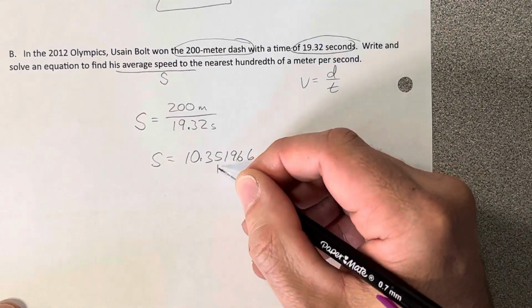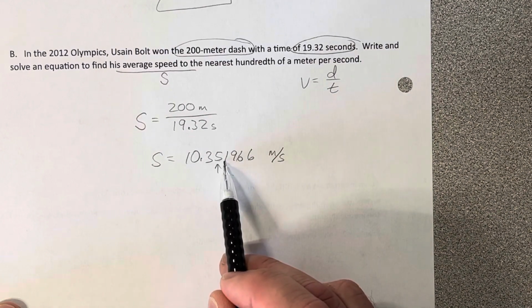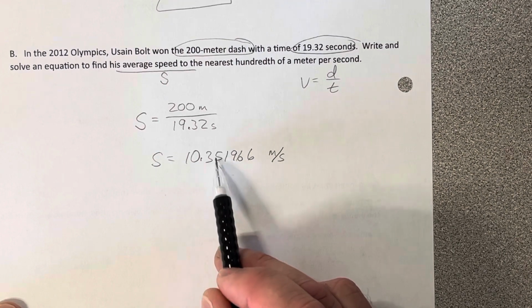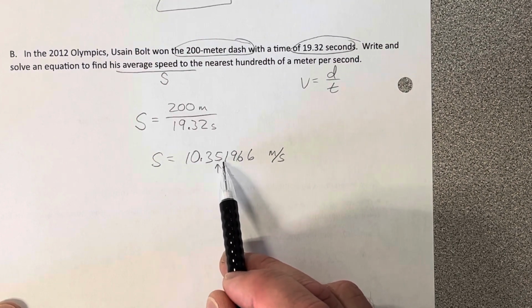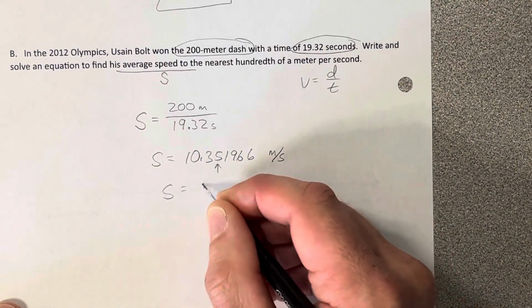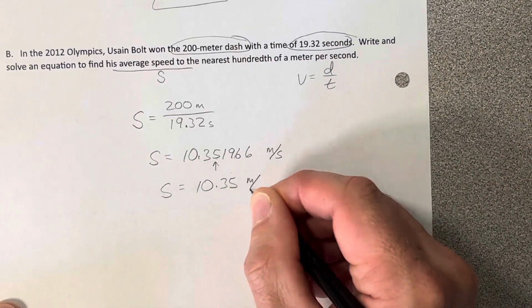So there's the hundredth spot. And then to round, we look to the right. If it's 5 or more, we round up. If it's 4 or less, we leave it as it is. So since they want us to round there, our answer is 10.35 meters per second.